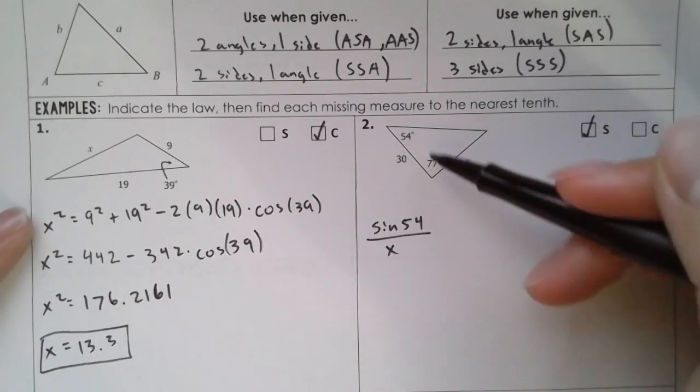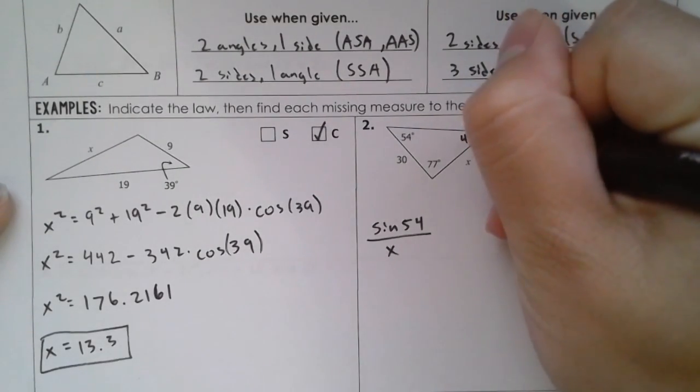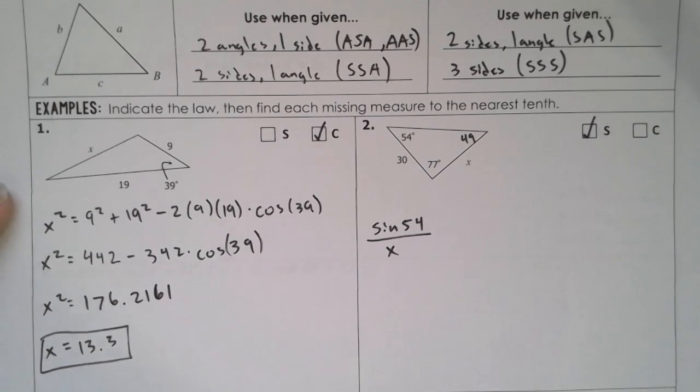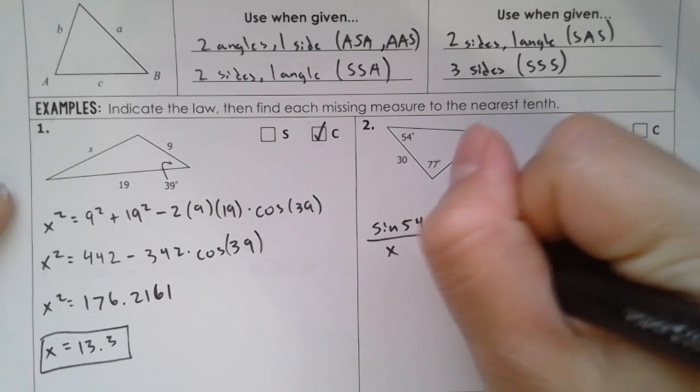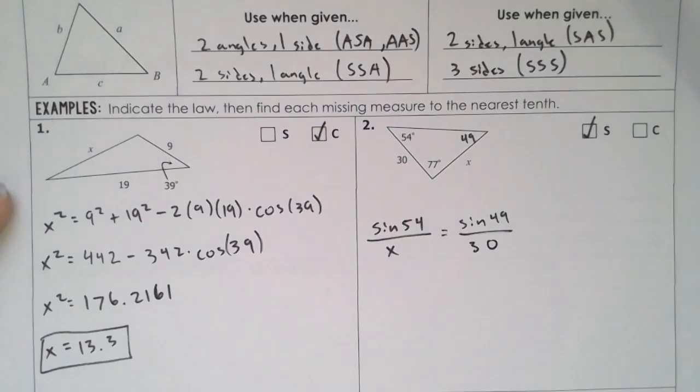So thankfully, 54 and 77, I just subtract those from 180, and I get that this one here is 49. So then it's equal to the sine of 49 over 30.